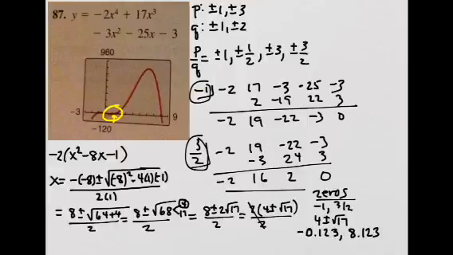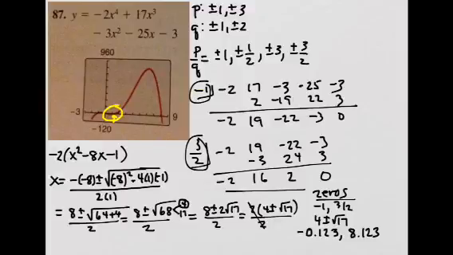So I input 4 plus or minus radical 17 on the calculator. I did 4 minus radical 17, and I got -0.123, and it goes on forever, but I just rounded it to 3 decimal places. And I did the same thing with 4 plus radical 17, and that gave me 8.123.